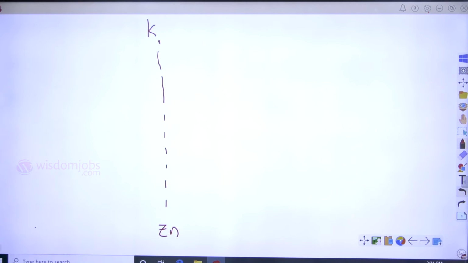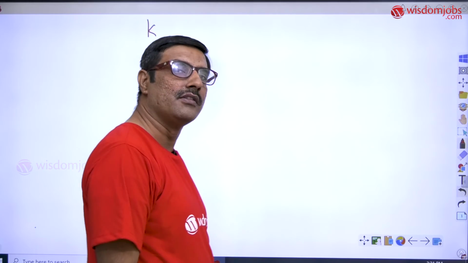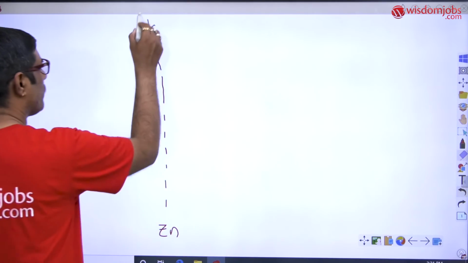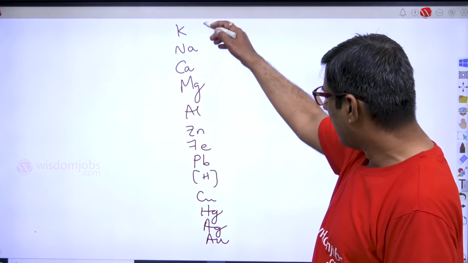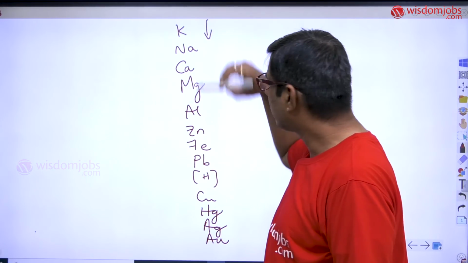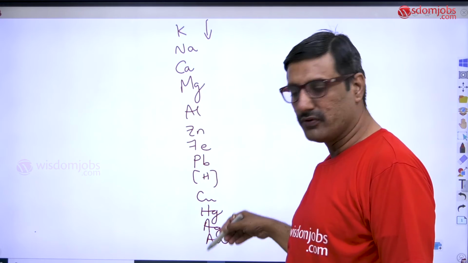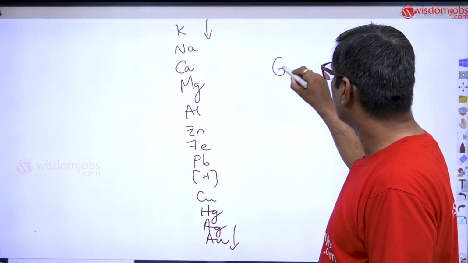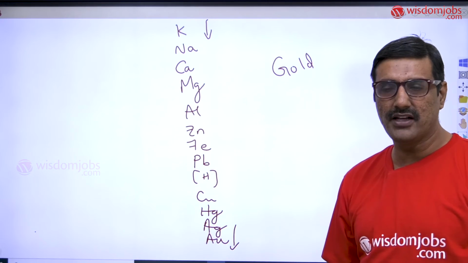Make a note of this priority list. Starting from potassium, the next most reactive element is sodium, after that calcium, magnesium, and so on. The least reactive element is gold.